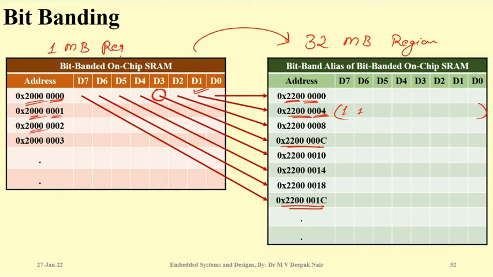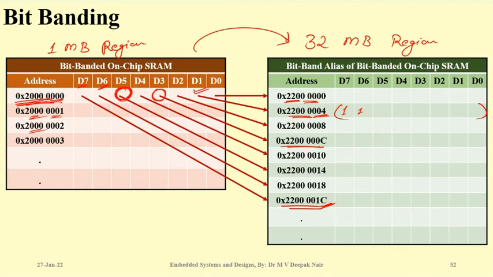So you see the difference here. You can access this whole register directly, one way: directly go to this address and write something. Or if you want to individually change any one of these bits, you can go to the bit banded region and make the change, and that will be reflected on an individual bit only.